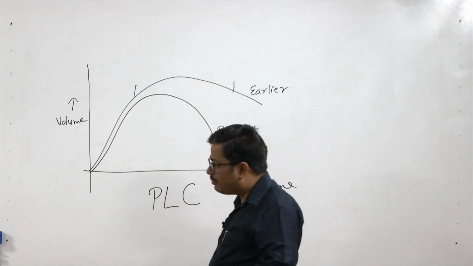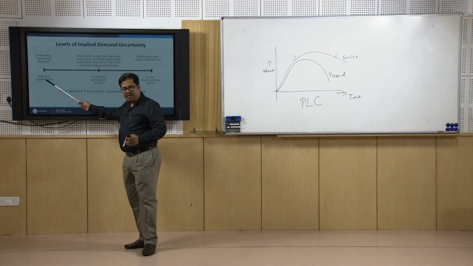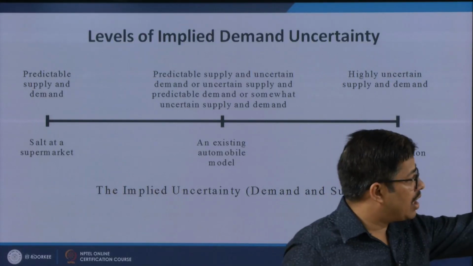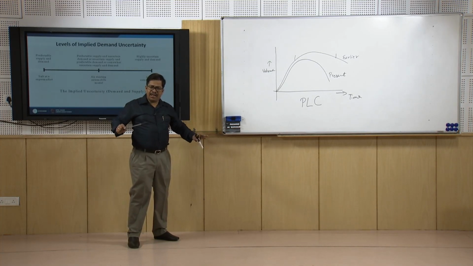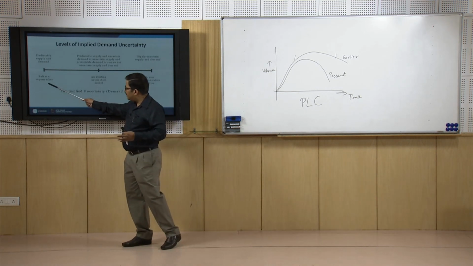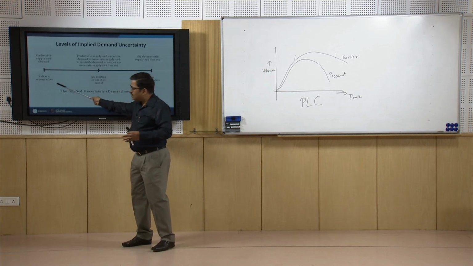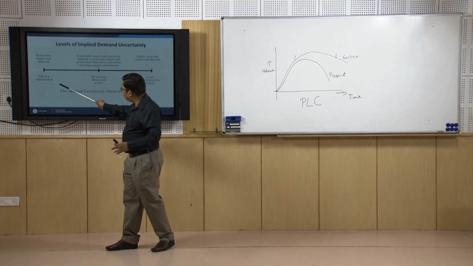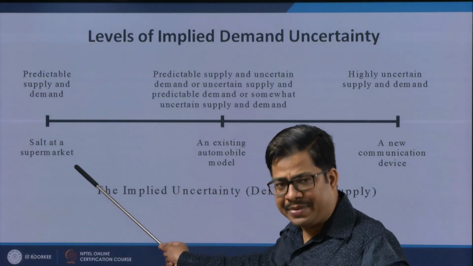Some of the products, like I take the example of salt, the common salt, it is still like earlier PLC. So, you have a very certain demand and supply of this type of product. So, it is coming on this side of the implied demand uncertainty, where the implied demand uncertainty is very low or almost absent.